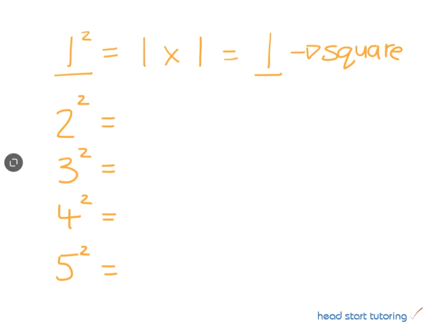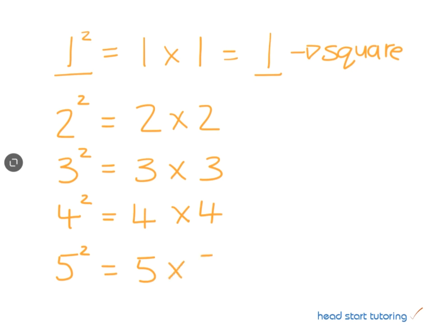2 to the power of 2 is 2 times 2. 3 to the power of 2 is 3 times 3. 4 to the power of 2, 4 times 4. 5 to the power of 2 is 5 times 5. So our first square number is 1, because 1 times 1 is 1.